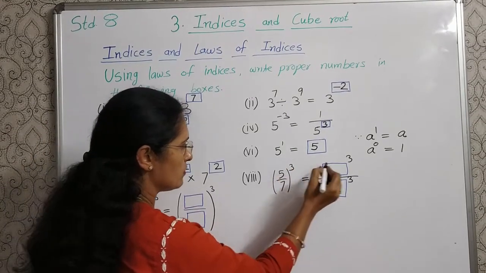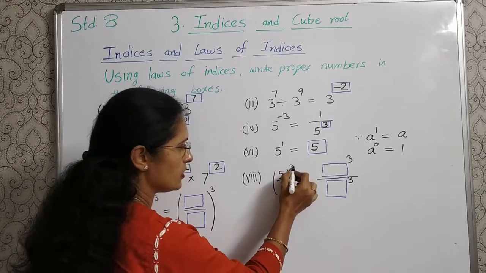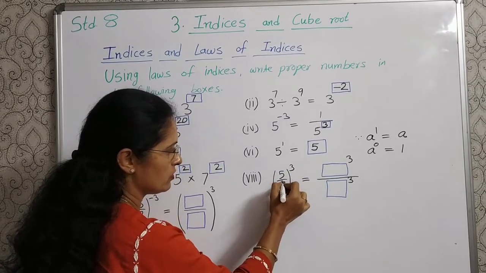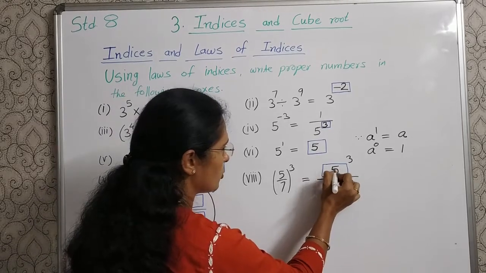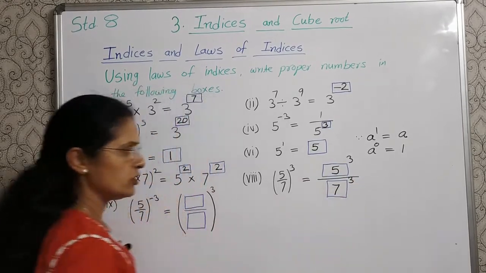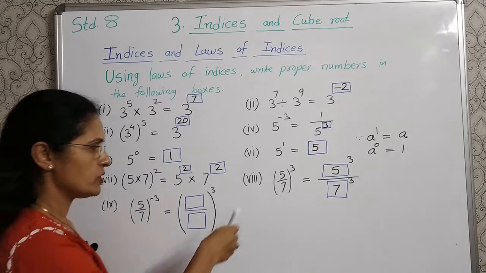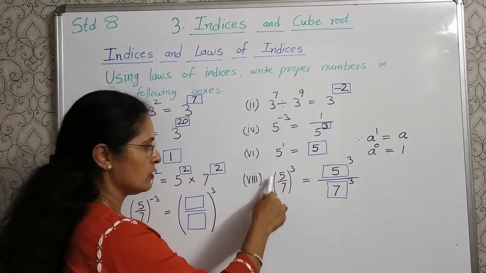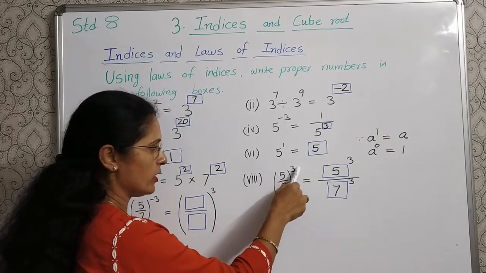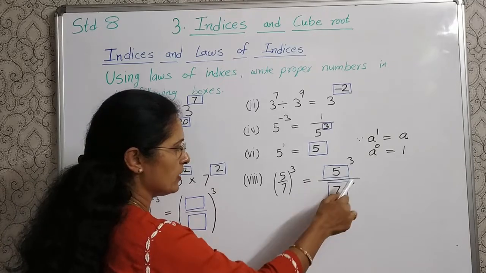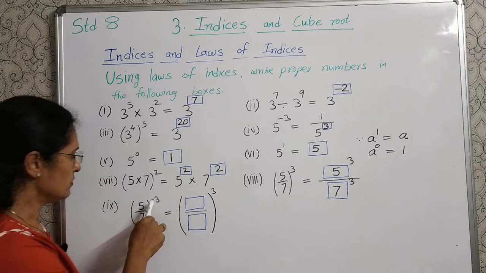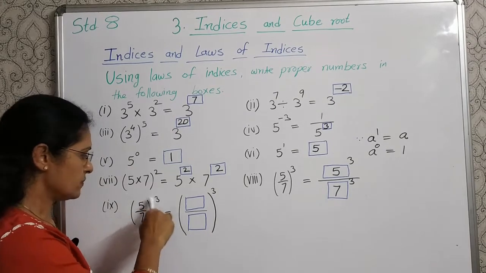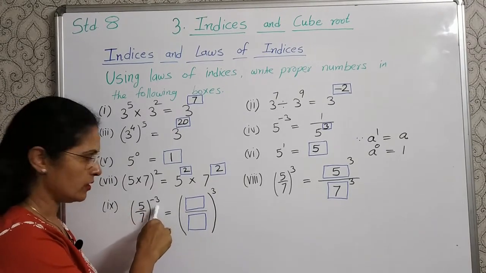So here again we'll separate numerator denominator and this index will go with numerator and denominator separately. So it is 5 cube by 7 cube. So we used the law a by b bracket raised to m is equal to a raised to m by b raised to m.